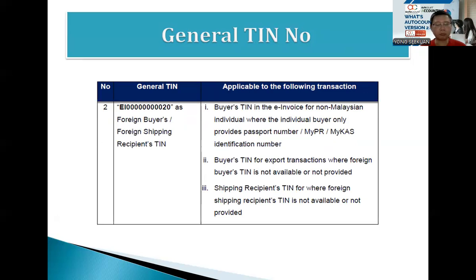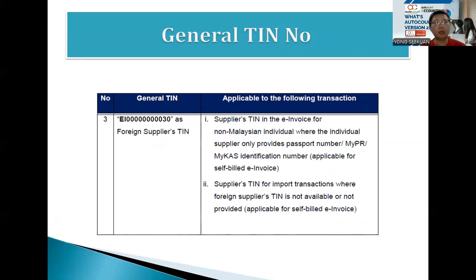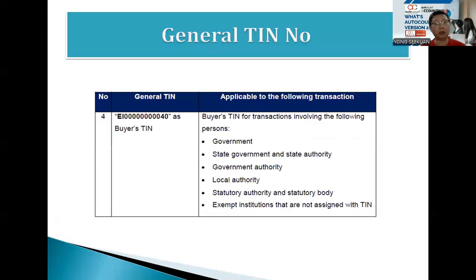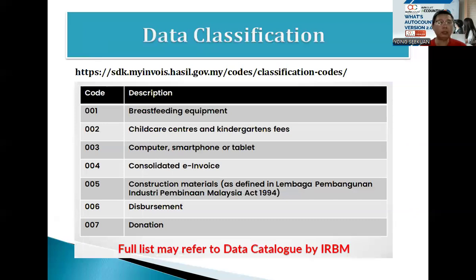If you export and your customer doesn't have a TIN number, you can use the general TIN EI20. Third, if your foreign supplier doesn't have e-invoicing, you need to self-bill to declare the imported goods, using EI30. Fourth, if you have a government customer, like Bandaraya, the general TIN number is EI40, because they are exempted persons and don't have a TIN number.